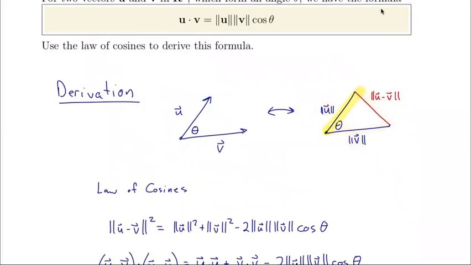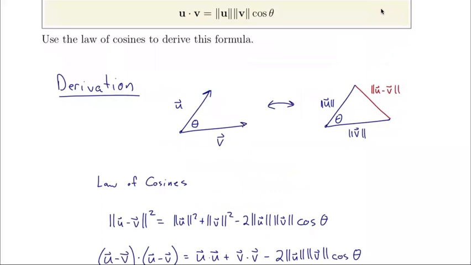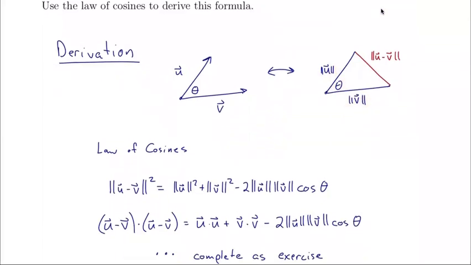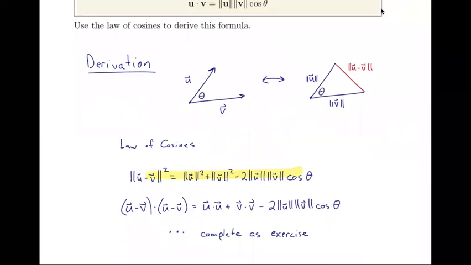Now we know by the law of cosines that this quantity squared is equal to this quantity squared plus this quantity squared minus 2 times this quantity times this quantity times cosine of theta. All of that is written down below here. You just have to translate the law of cosines from the length values that we have in that triangle.